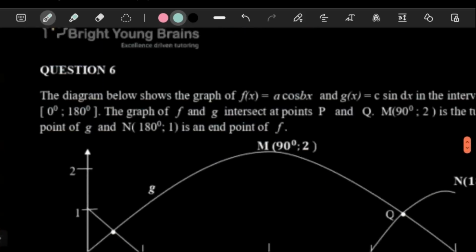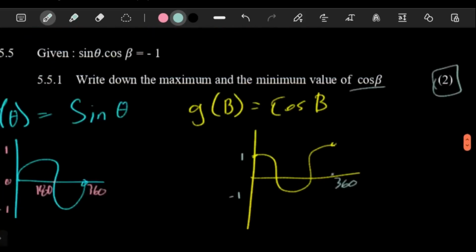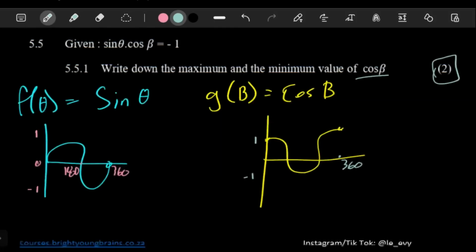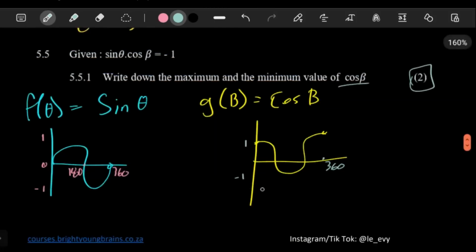It has nothing to do with that. So we just have to think of this. So max value equals 1, minimum equals -1, and there you go. And that's the way we like it.